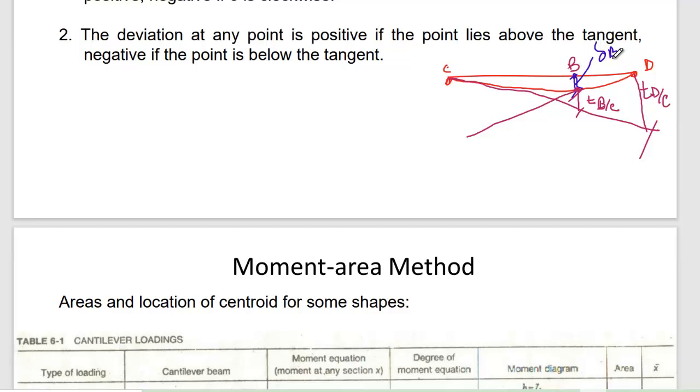So can you find this del B? If you know this T B by C and T D by C, yes, the answer is yes. How? By using the simple similar triangle formula. Have a look. This is your T D by C, right?